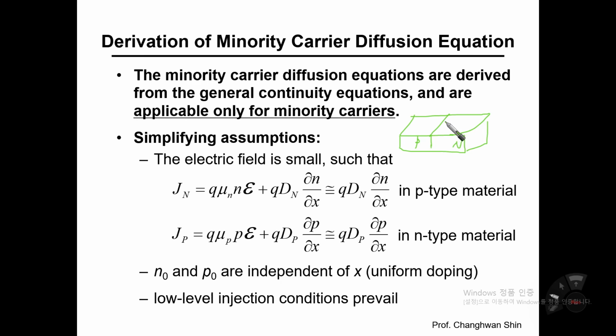So once positive bias is applied onto the P side and holes are injected into the N side, and this hole is moving throughout this small volume, then what kind of things are applied in this specific area?